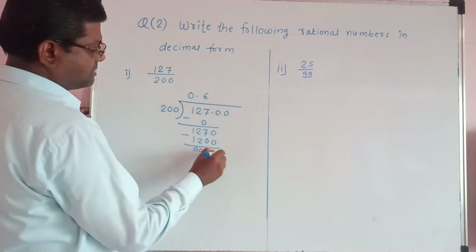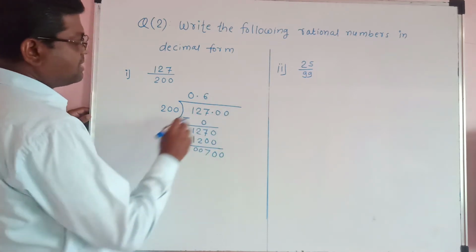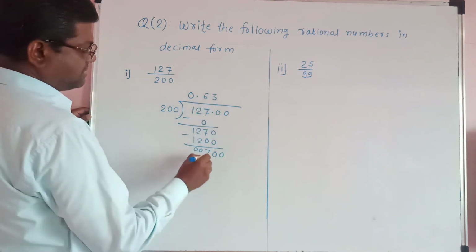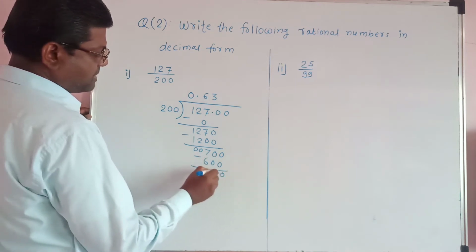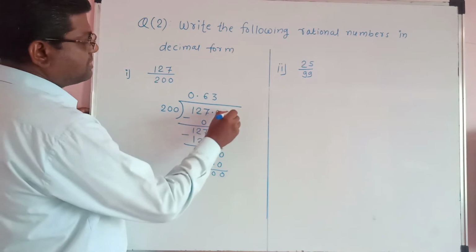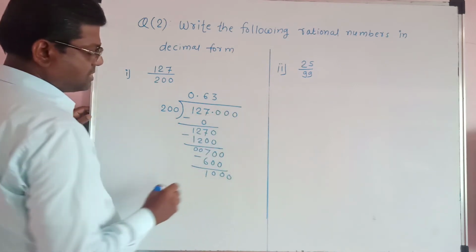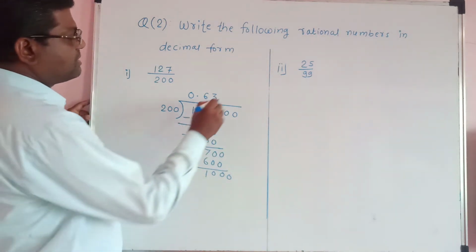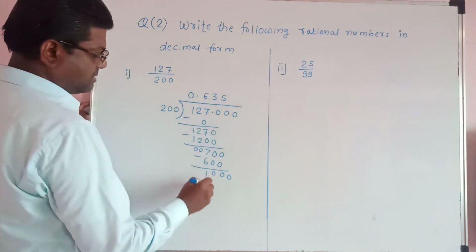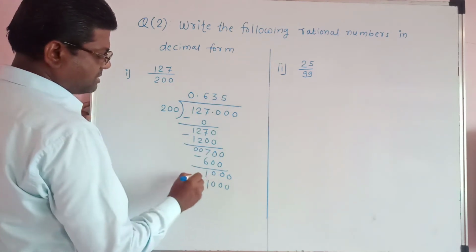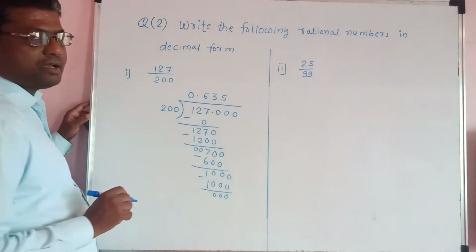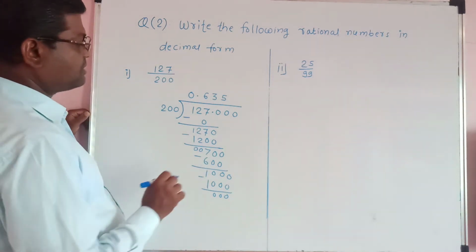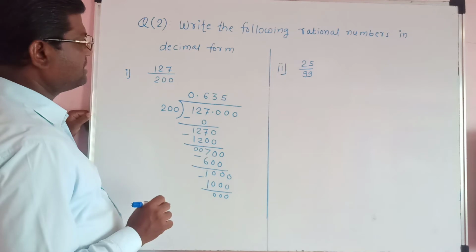Take one more 0, 700. 200 into 3 is 600. So what will remain is 100. Take 1 0, it will be 1000. 200 into 5 will be 1000. It will be 0. So remainder is 0 and the process of division stops.